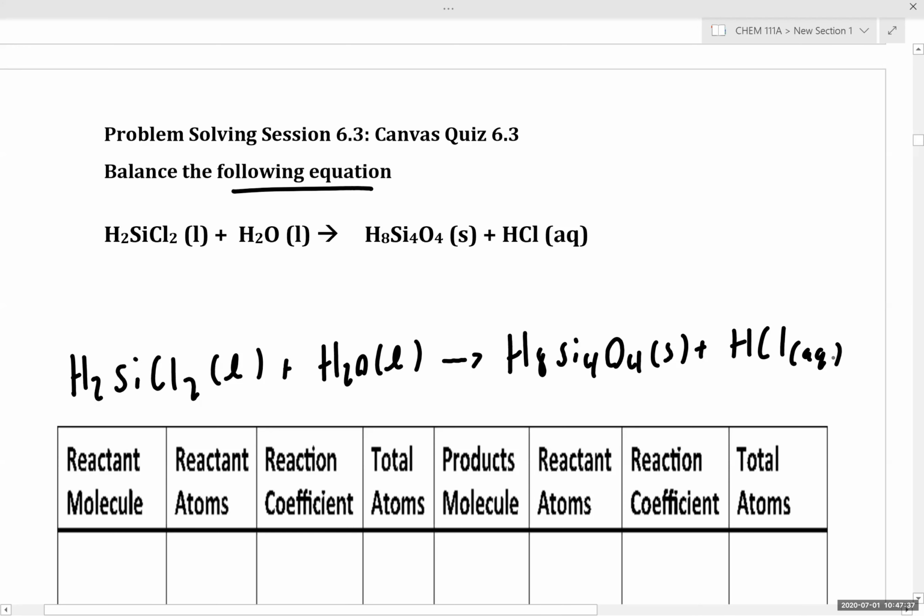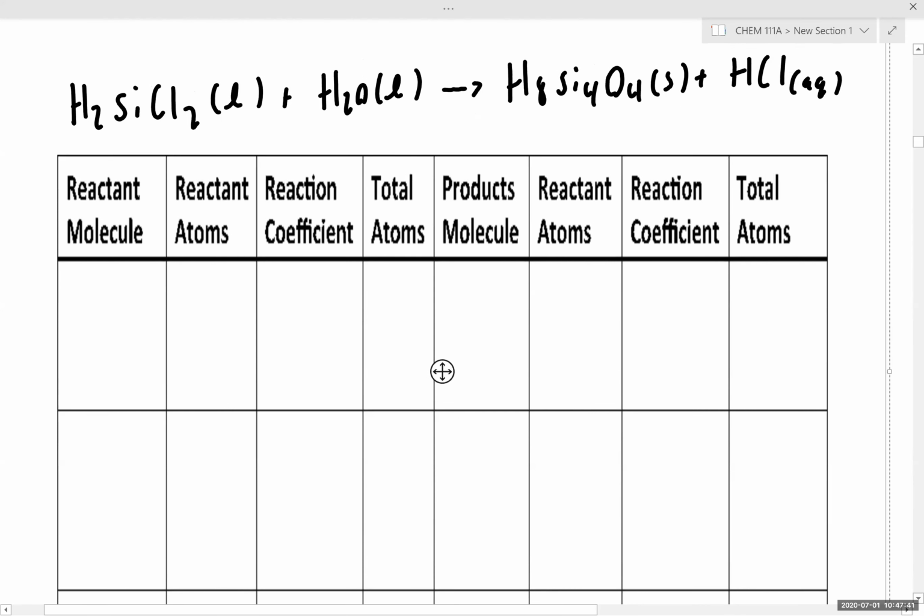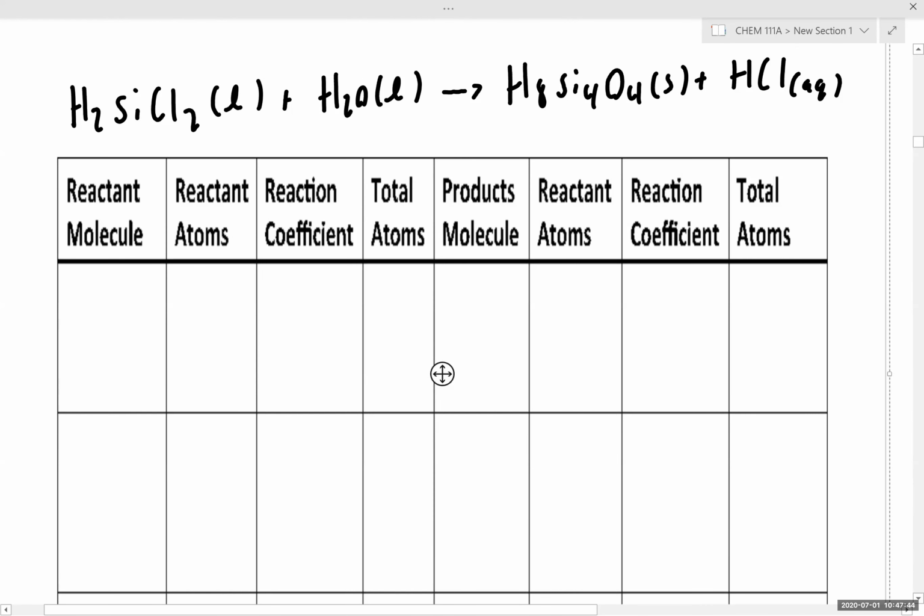I provided a table for you in the notes to attempt to balance this equation. And I've rewritten the chemical equation above, so that way it's a little bit closer. So we'll discuss this example in about 3 to 4 minutes. And if there are any questions or any proposed responses, don't be shy to submit them via the chat as a public or private message.